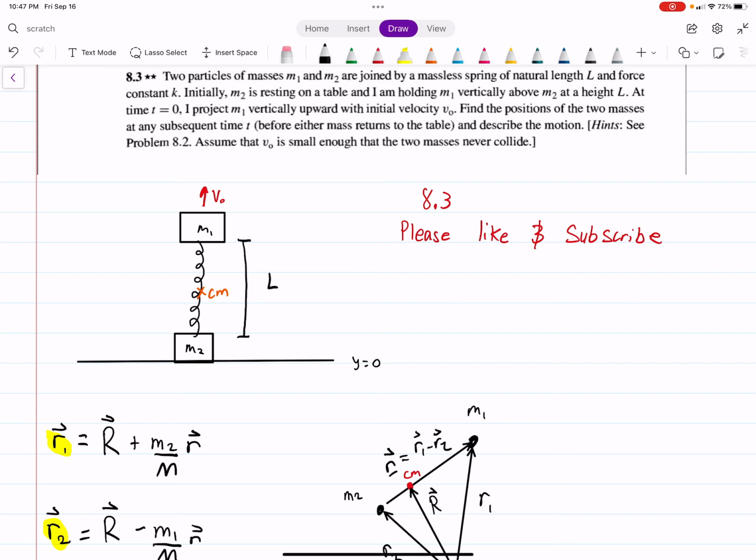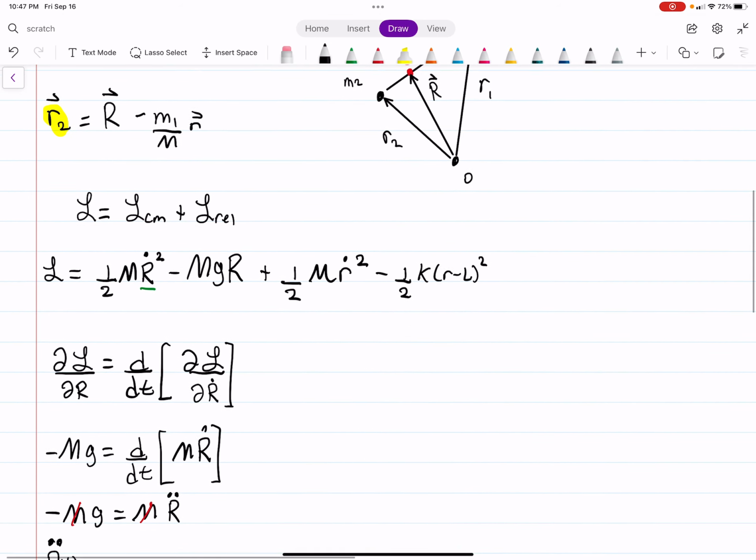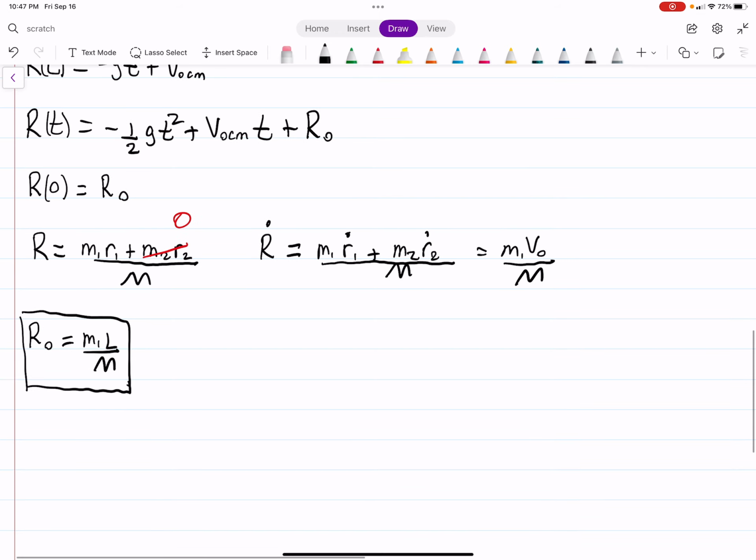Mass 1's what's being thrown vertically upwards. After some time t, everything's going to be moving, mass 1, mass 2, the center of mass, the reduced mass. But initially, we're only giving mass 1 a velocity. So this is, once again, 0.